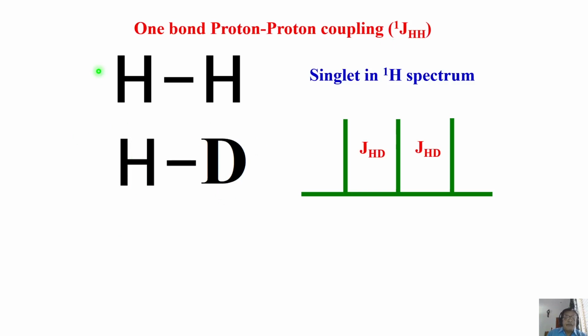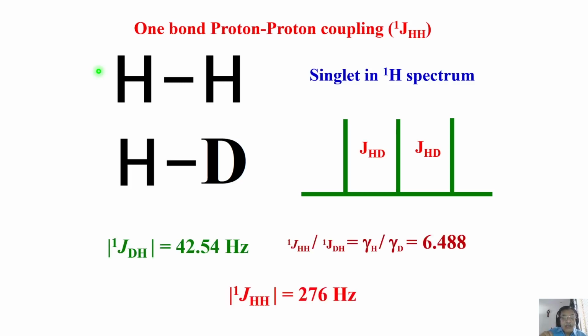So how does it solve my problem? Remember, in the carbon-13 satellites, you directly get JHH from the satellite analysis. But here we analyze this and we get JHD. So how does it solve my problem? There is a way you can get it.